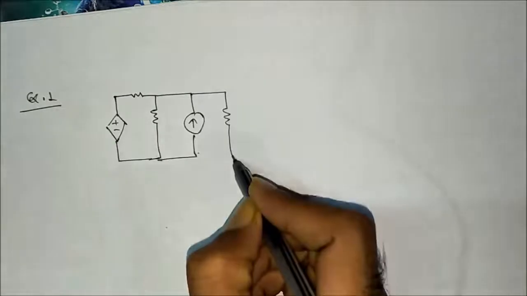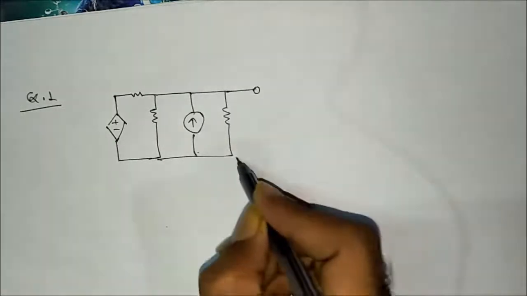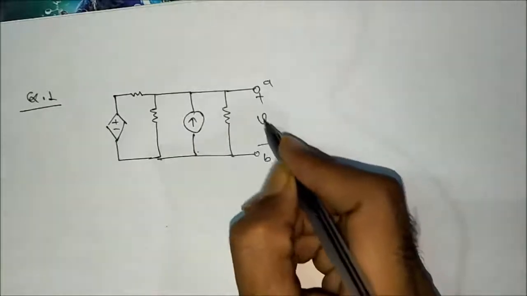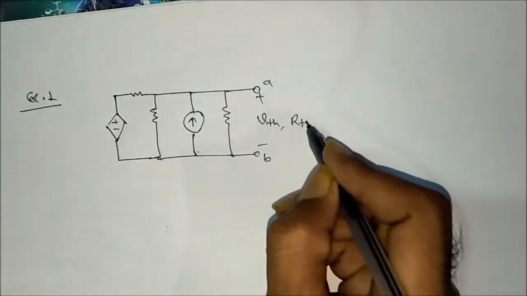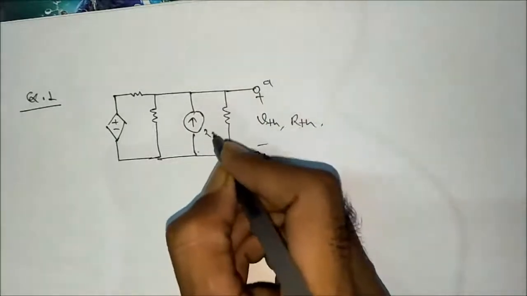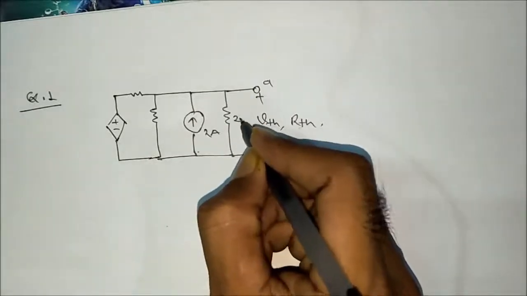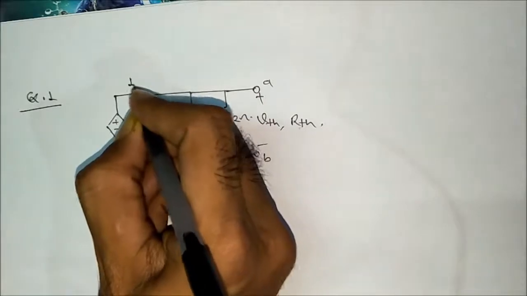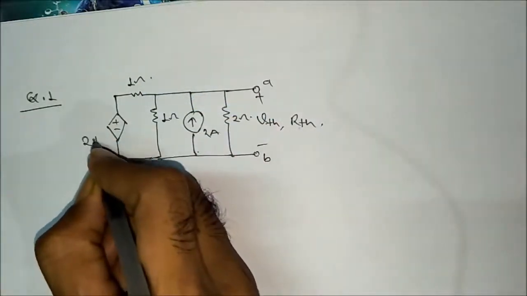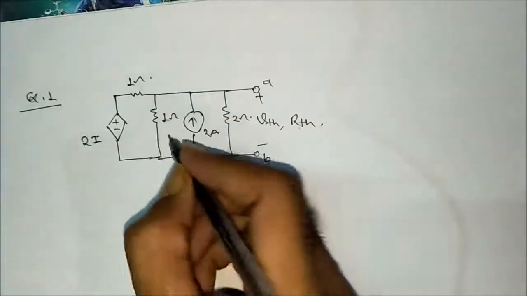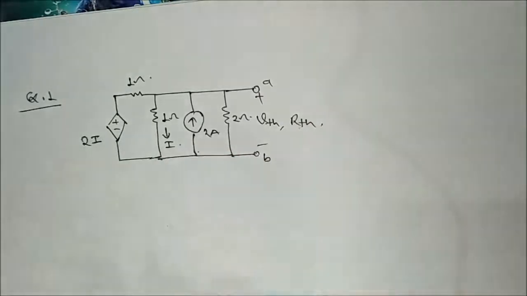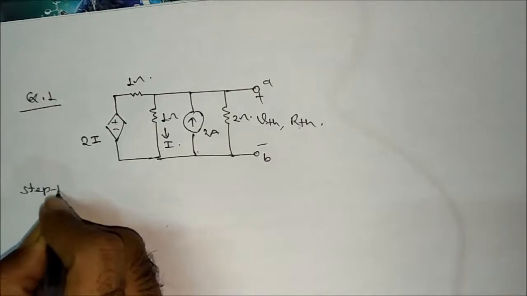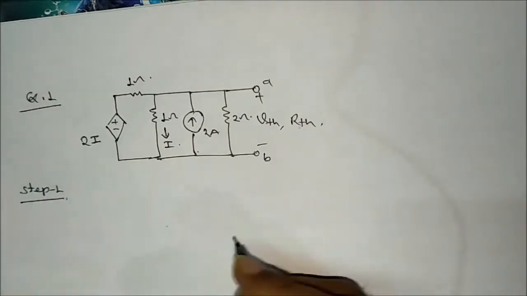This is resistance. This is terminal AB across which we have to calculate VTH and RTH. This is 2 ampere, this one is 2 ohm, this one is again 1 ohm, this one is again 1 ohm, this is 2I, and I is this current.